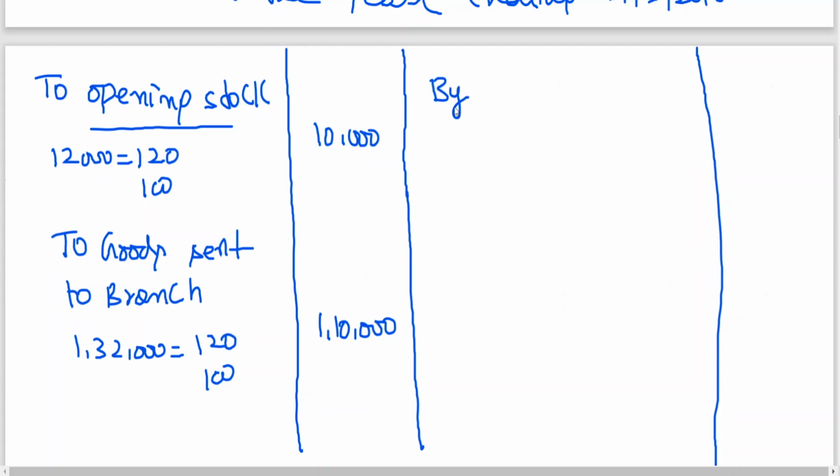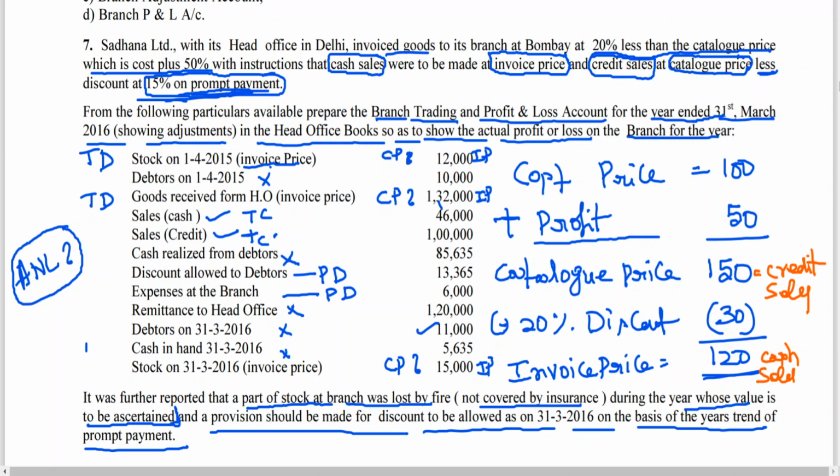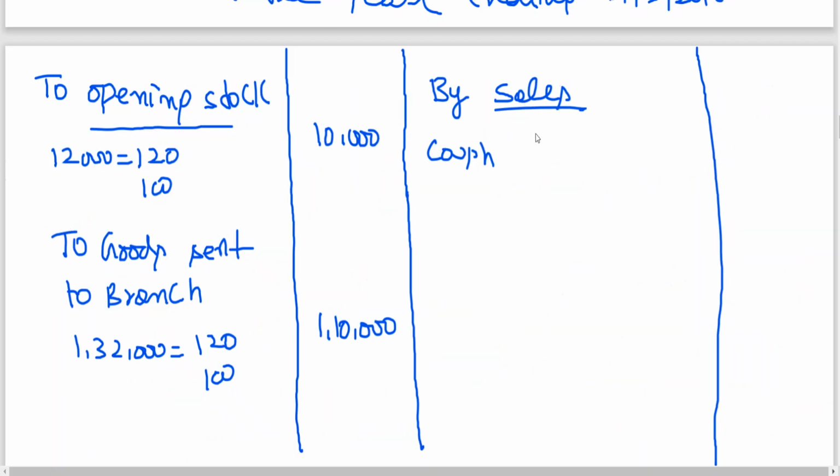Come back to credit side. Cash 46. Credit. Here no need to change.